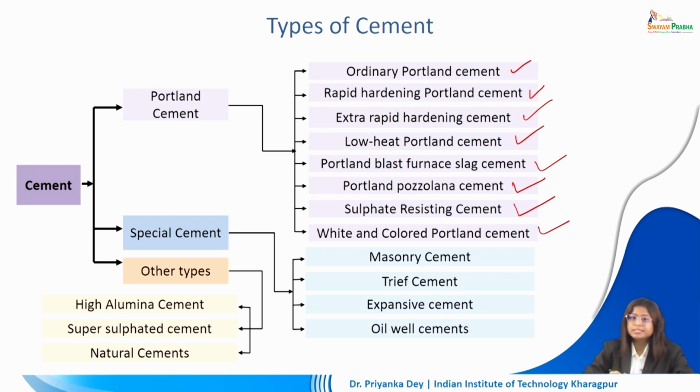There are special types of cements available which include masonry cement, trife cement, expansive cement and oil well cements. Now, these have different characteristic properties and they can be used in different places. There are other types of cements as well which include high alumina cement, super sulfated cement and natural cements.